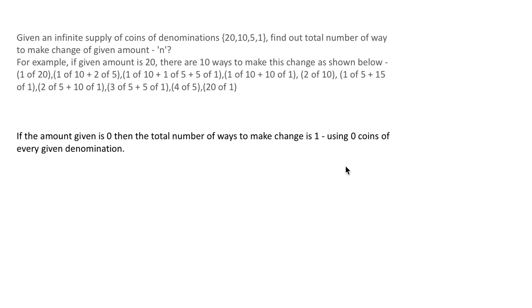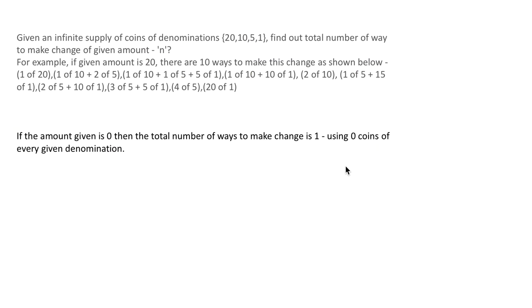Can you guys visualize, kind of the same thing? Find out the total number of ways to make change for a given amount n. For example, if the given amount is 20, then I can make 20 in so many ways. I can include just 1 coin of 20. I can include 2 coins of 10. I can include 1 coin of 10 and 2 coins of 5.